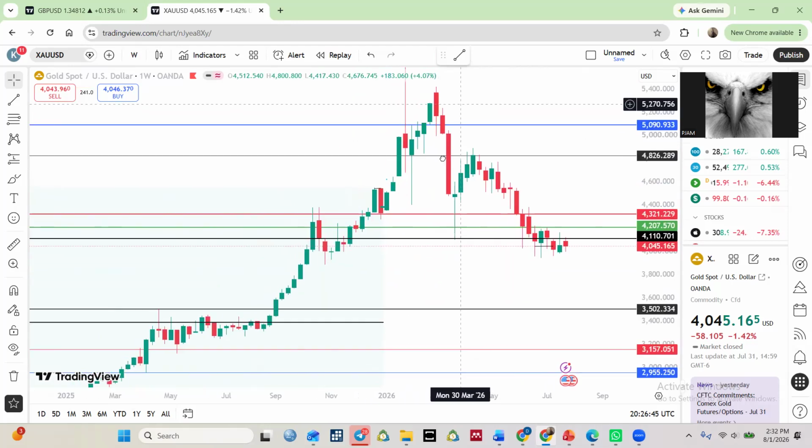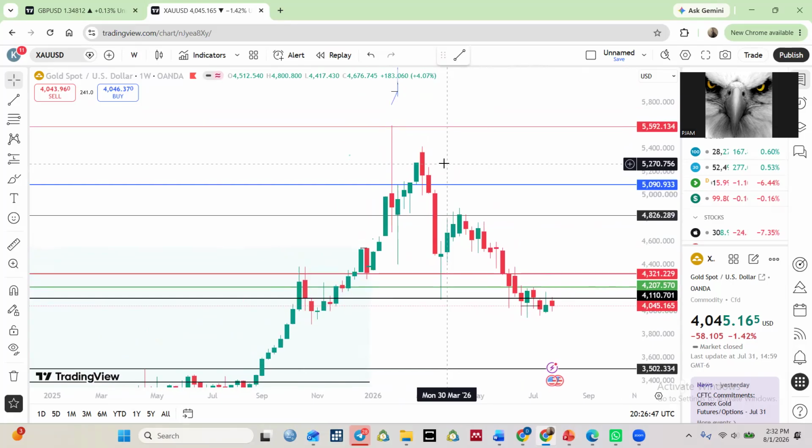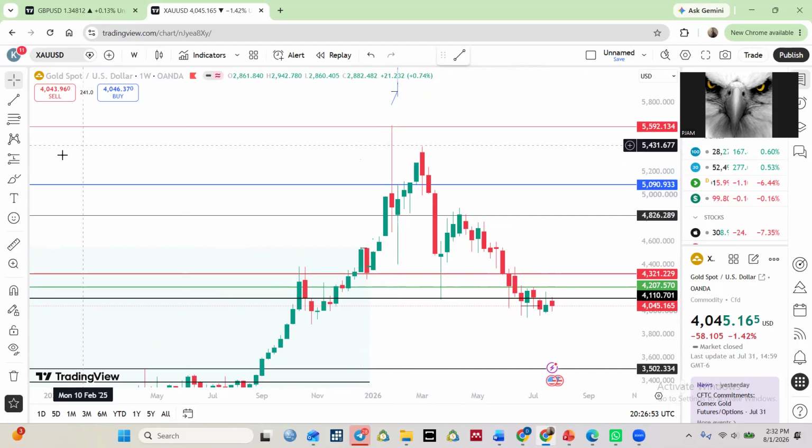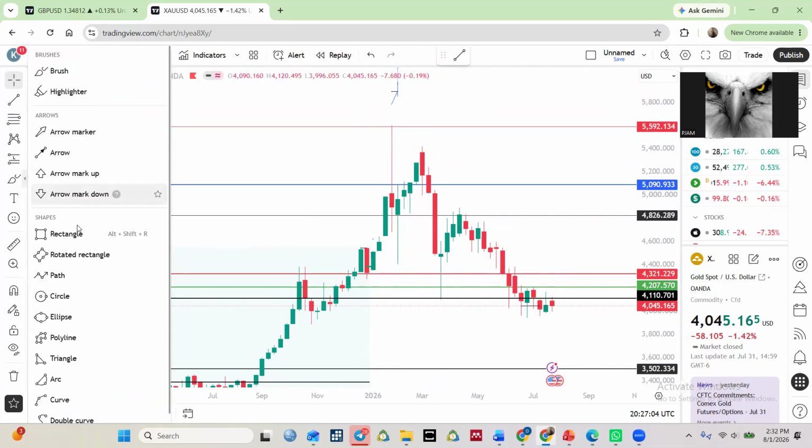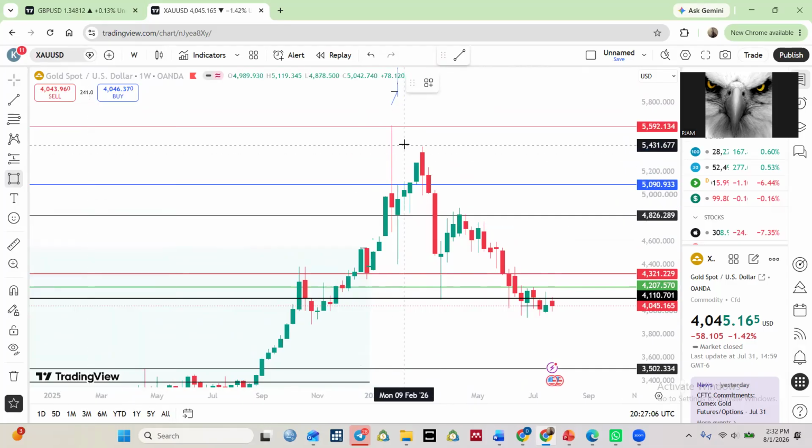So you are identifying a very important thing. You realize that from the weekly time frame, the bears, the sellers, started taking over from this point. From the top, which is the wick, the shadow, to where the open of that candle is, to the body.